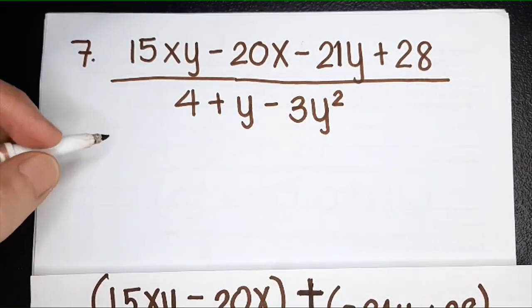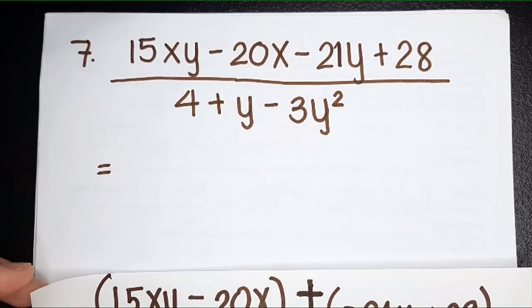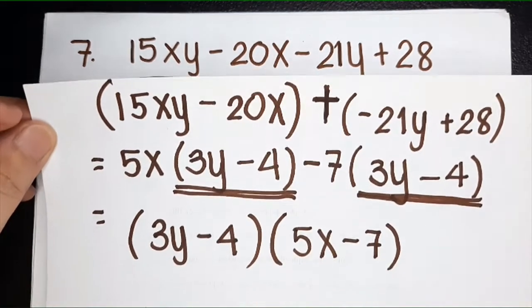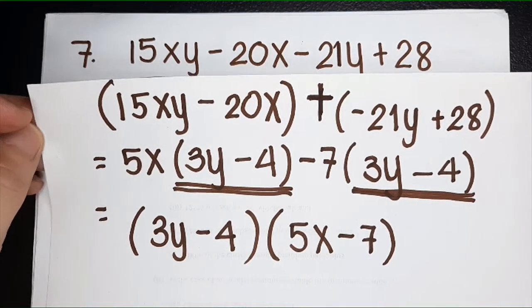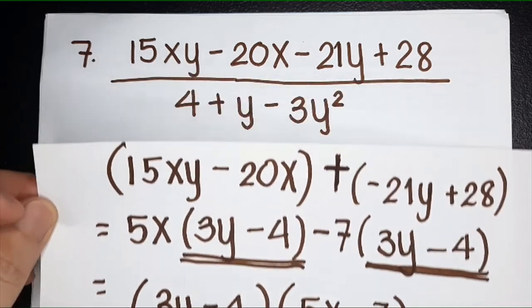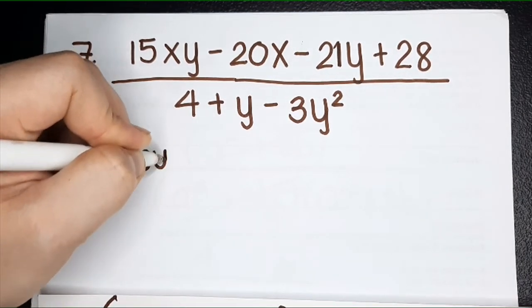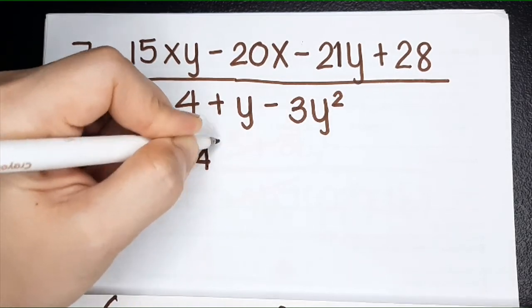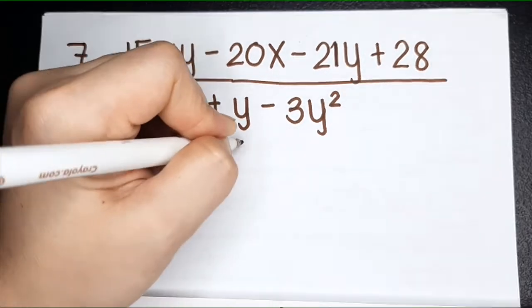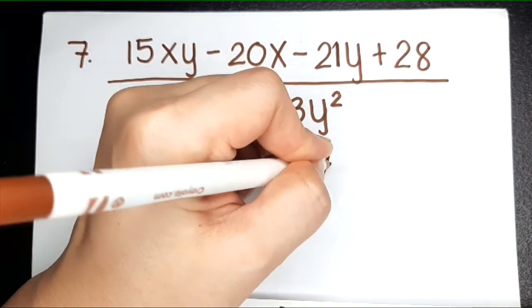So, I'll have equals, again, what are the factors of the numerator? It's 3y minus 4 times 5x minus 7. Okay, let me write it here. 3y minus 4 times 5x minus 7.